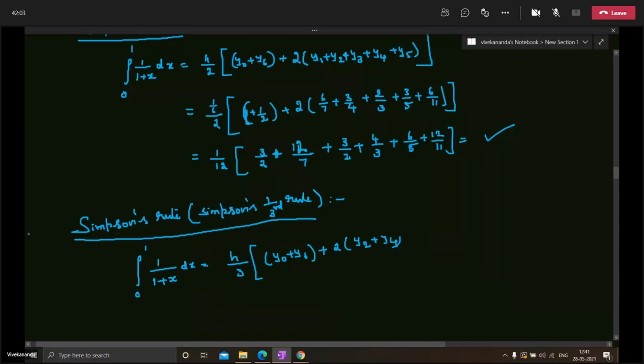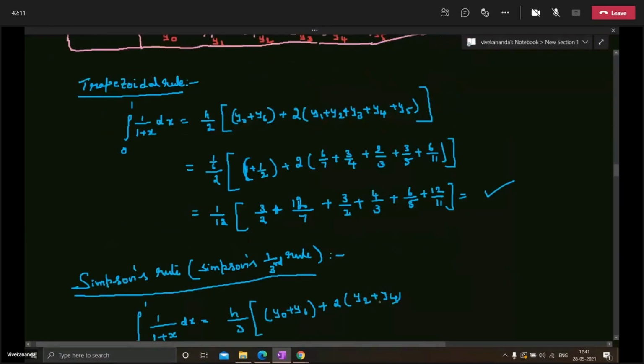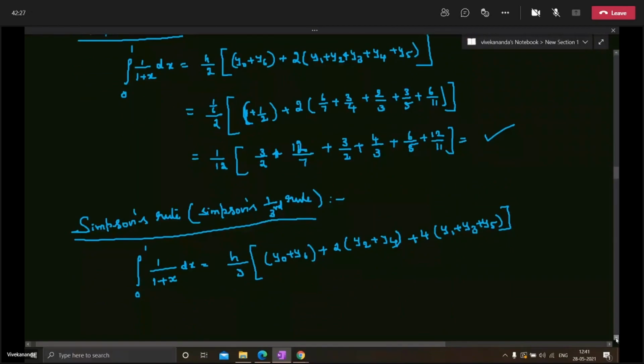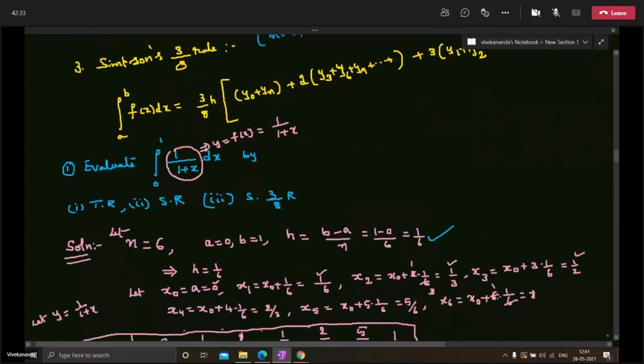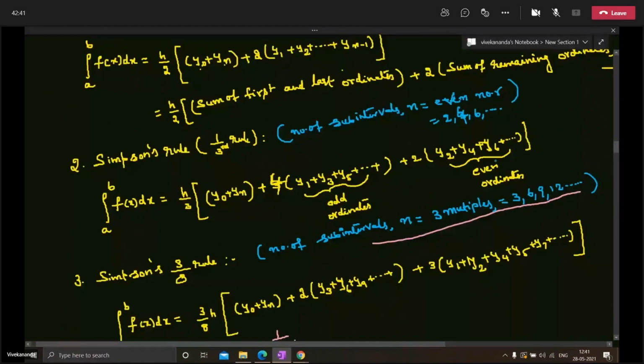The even ordinates are y2, y4, y6, but y6 is already covered, so only y2 and y4 are left. Plus 4 into the sum of odd ordinates y1 plus y3 plus y5. This is Simpson's 1/3 rule: 4 into the sum of odd ordinates, 2 into the sum of even ordinates.